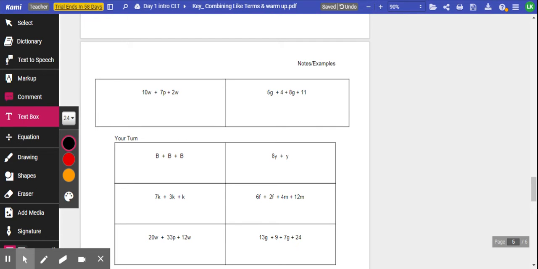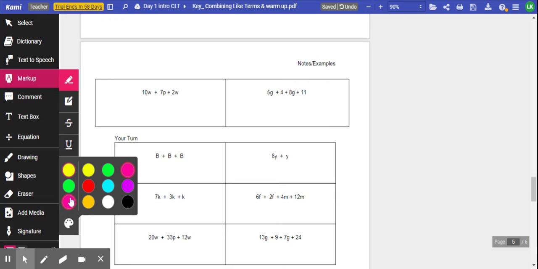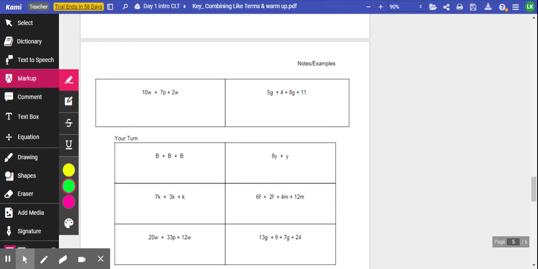All right. Use my markup tool. I'm going to use green to start. I'm looking here. 10W plus 7P plus 2W. Well, my like terms are going to be this and this.